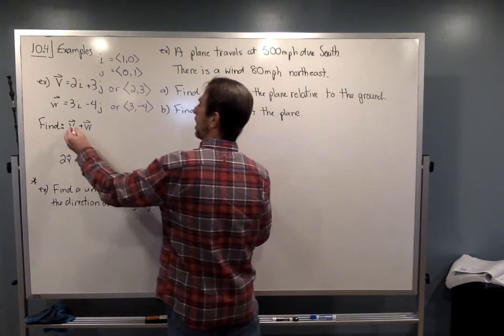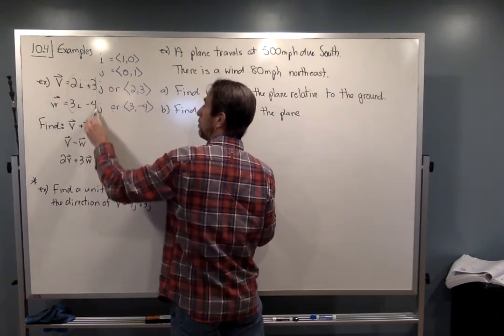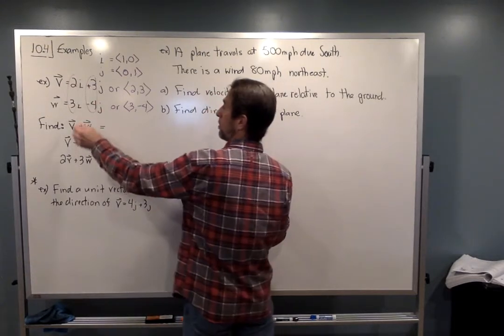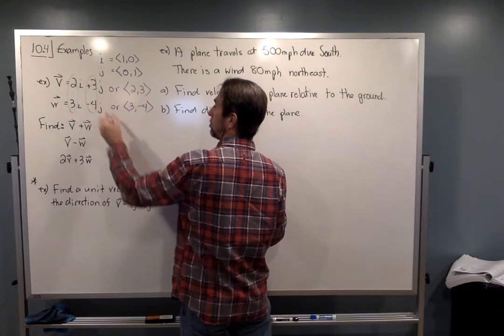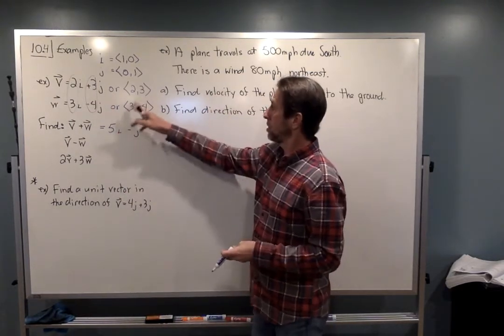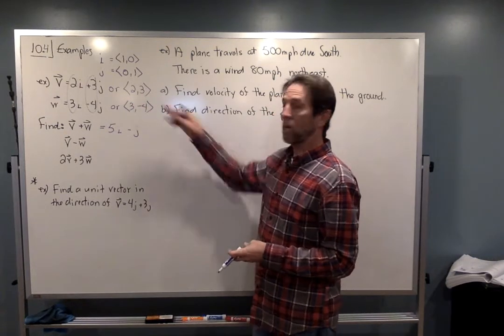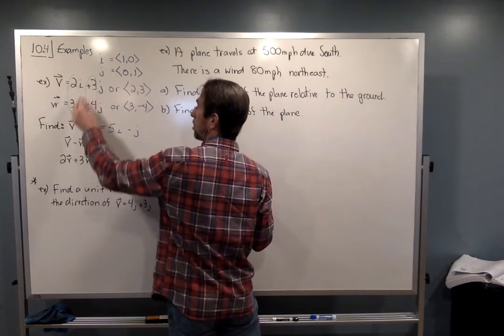So if I wanted to find w plus v, I'm basically adding the corresponding components. So I'm going to have 5i, add those two together, minus j. And that's what you would find, of course, if you just looked at them in terms of this other notation also. If we wanted to subtract them, we're just going to subtract the coordinates.